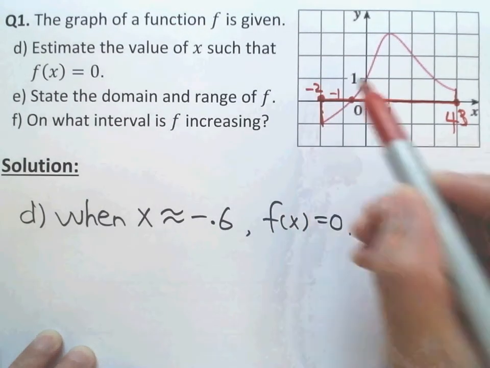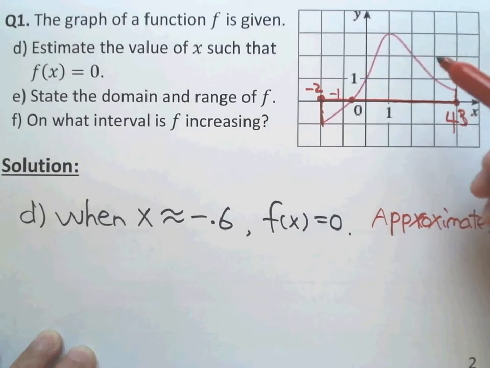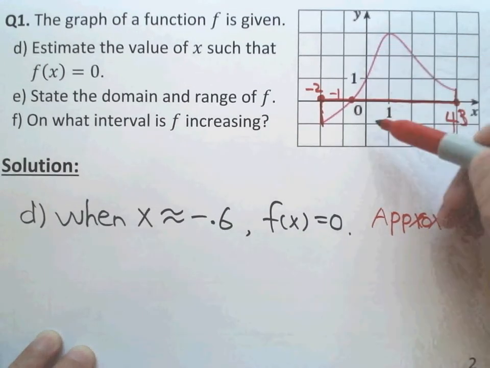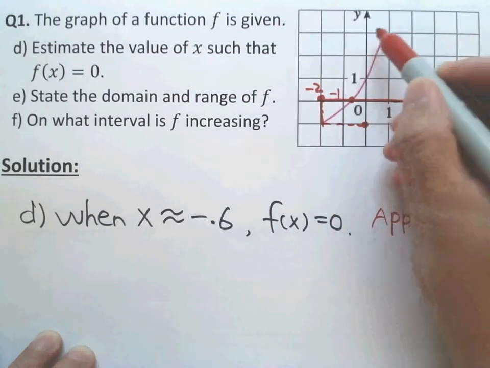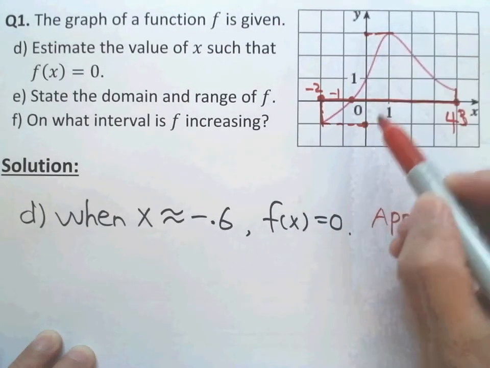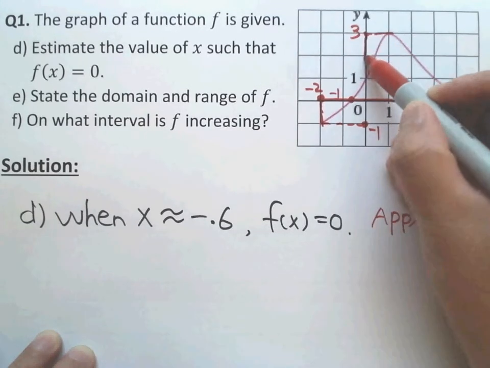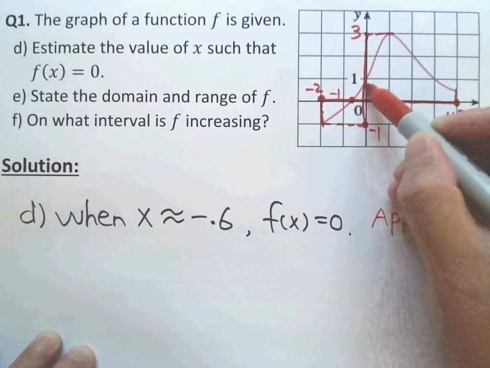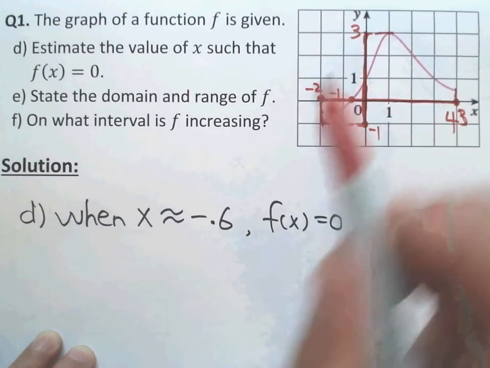Here is -2, here is 4. So -2 to 4 is the domain. What is the range? The range is the y, right? So the minimum y is here. The maximum y is there. Here is -1, here is 3. So the range of the function is from -1 to 3.